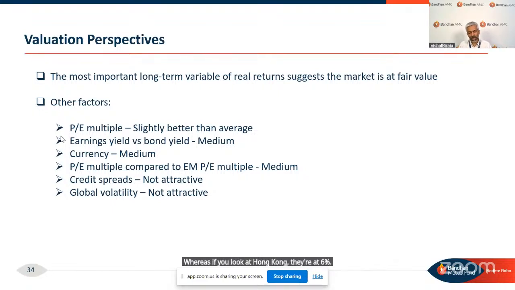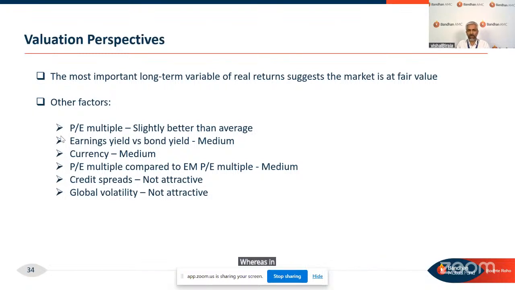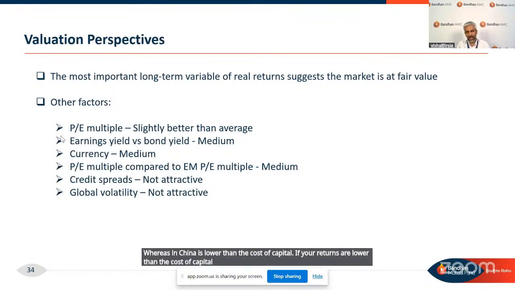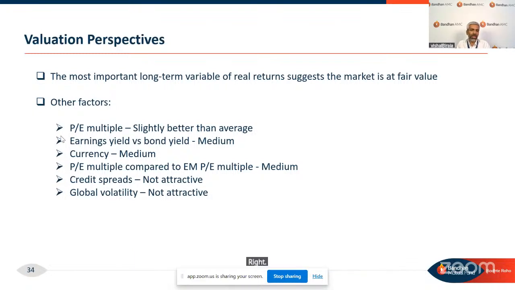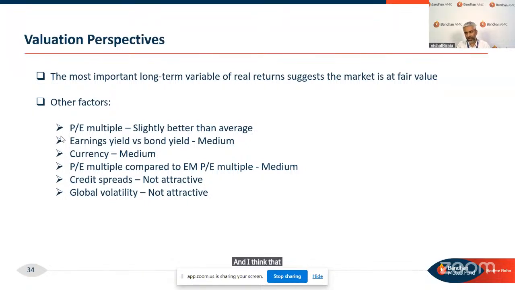So basically what this means is that the return on equity in India is much higher than the cost of capital, whereas in China it is lower than the cost of capital. If your returns are lower than the cost of capital, that would imply that you are incurring an economic loss, right? So this economic loss is not a scenario in India. We are doing much better. So I think hence the multiples have been slightly higher, and I think that scenario will continue to be.